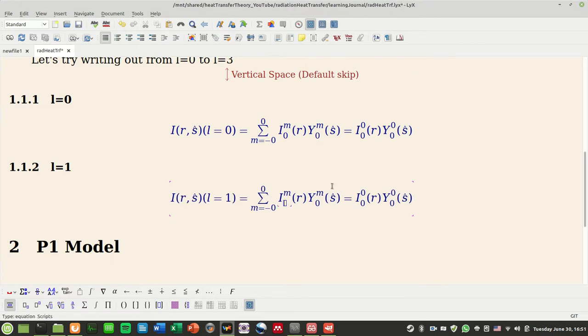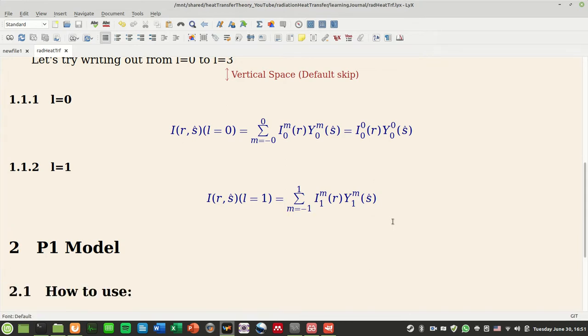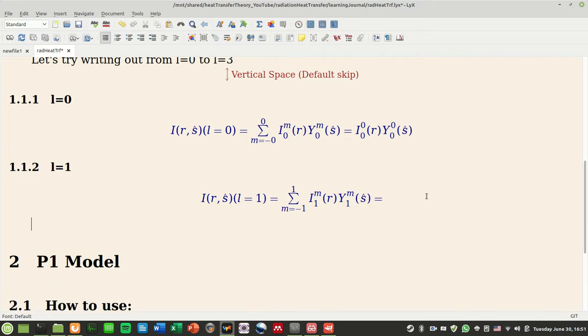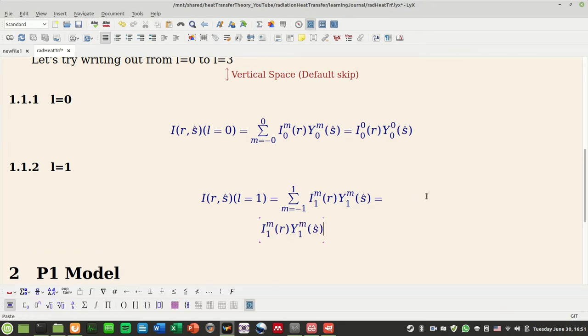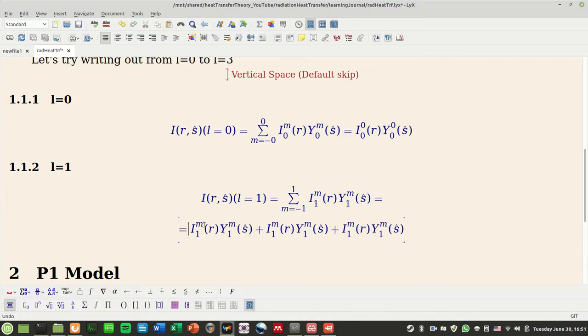Then everything in this part, and everything at the bottom, will have to be 1. Now it goes from M equals -1 to 1, so there's an M equals -1 term, an M equals 0 term, and an M equals 1 term. There will be 3 terms, so I need to copy and paste this 3 times.